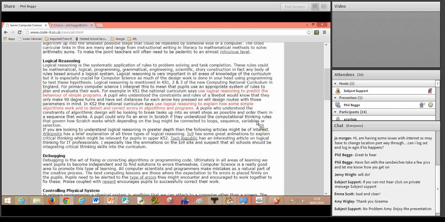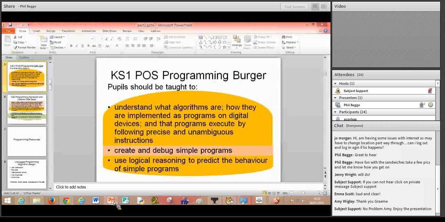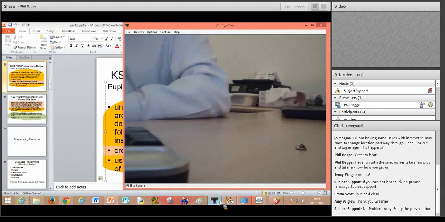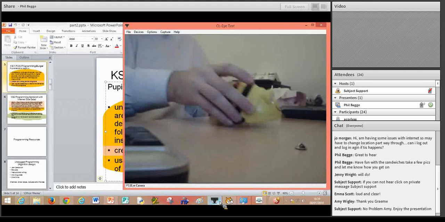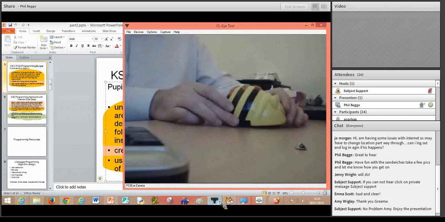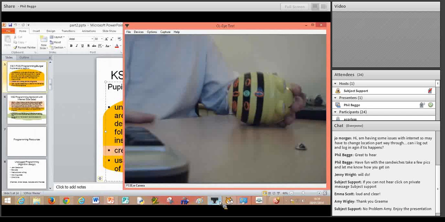Okay, when they're programming. I will often explain this when I'm looking at logical reasoning in Key Stage 1. Do children understand that something like a Bee-Bot, and we have one here, only has a certain limited set of instructions that we can do?